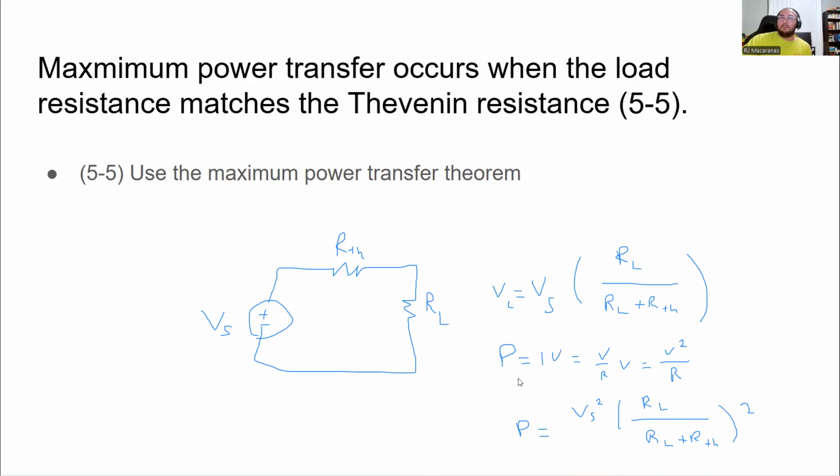And again, we're looking for the power across the load, so this is going to be divided by RL. So we take 1 over RL.